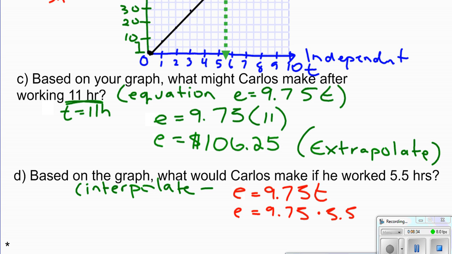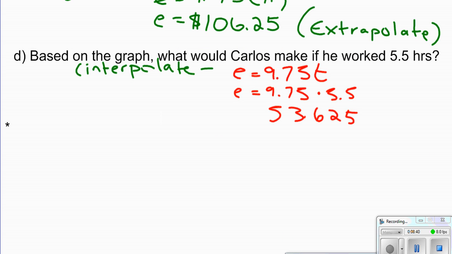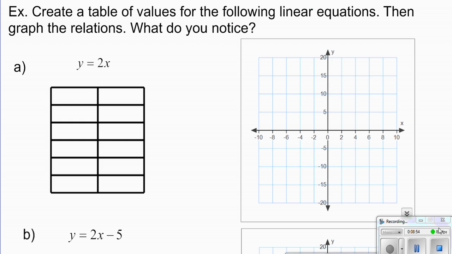So I get, oh, look at how good we were, okay? 53.625, that's pretty close. So in money, because money never has that kind of decimals, 53.63. It's not horrible. It's a good paycheck. 5.5 hours, that's a nice little Saturday.